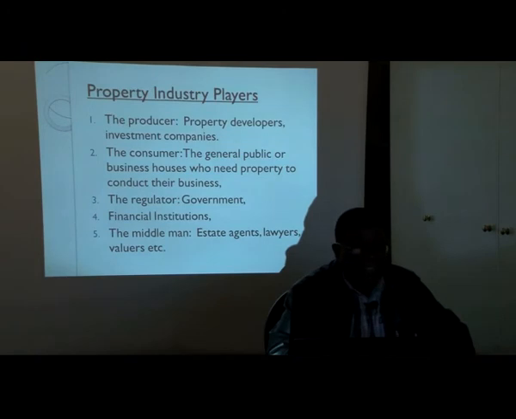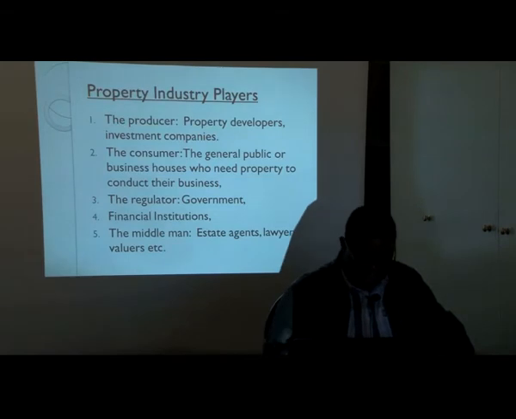We say one of the characteristics of property is that it is extremely expensive to buy. So for that reason, there are not many people that can afford to buy property for cash. That's why normally everybody who buys property relies on financial institutions. They have to borrow money.